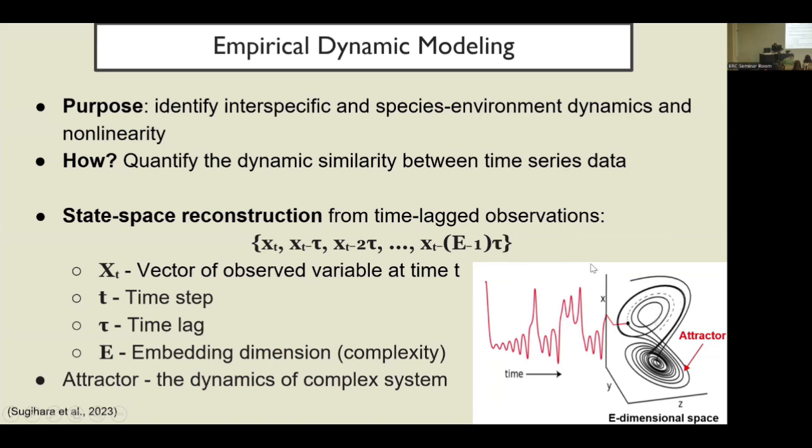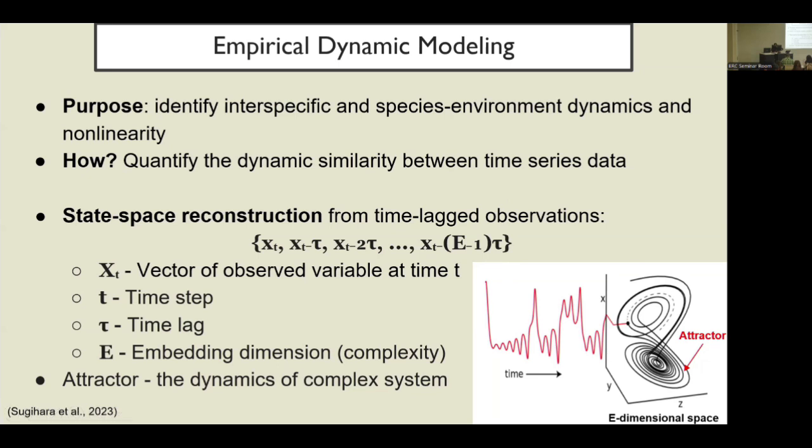Therefore, as time moves forward, each of these vectors becomes a point in this three-dimensional, multi-dimensional space, and all these paths become a geometrical shape. We can see it as the attractor, which represents the dynamics of this complex system.